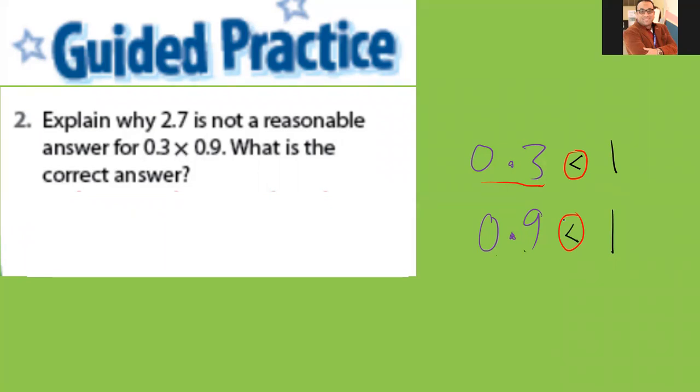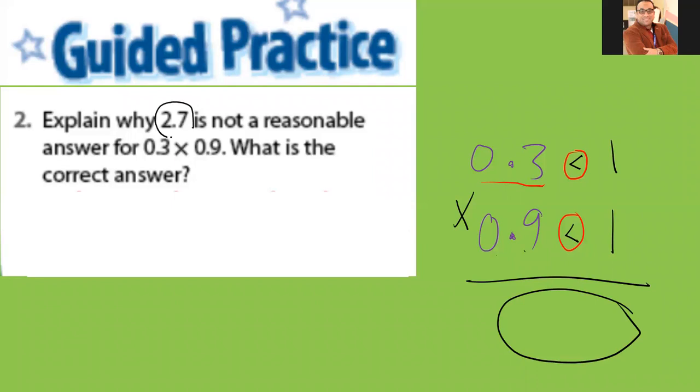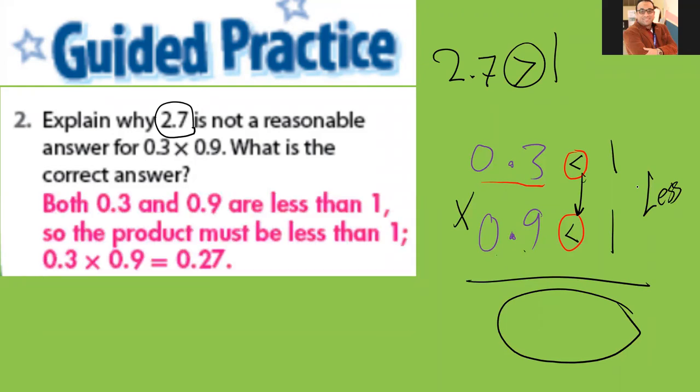So when we multiply them together, it's impossible to get a product more than 1. So when we compare 2.7 and 1, we will find 2.7 is more, and we're searching for what? Less. So it is not reasonable.